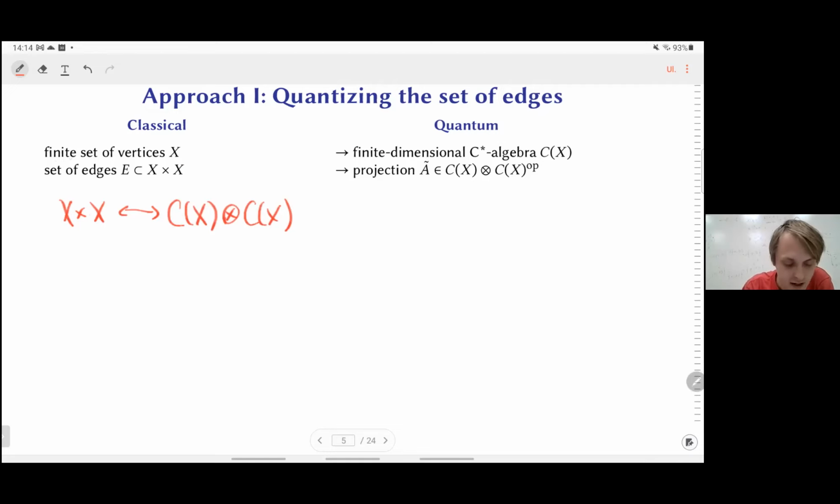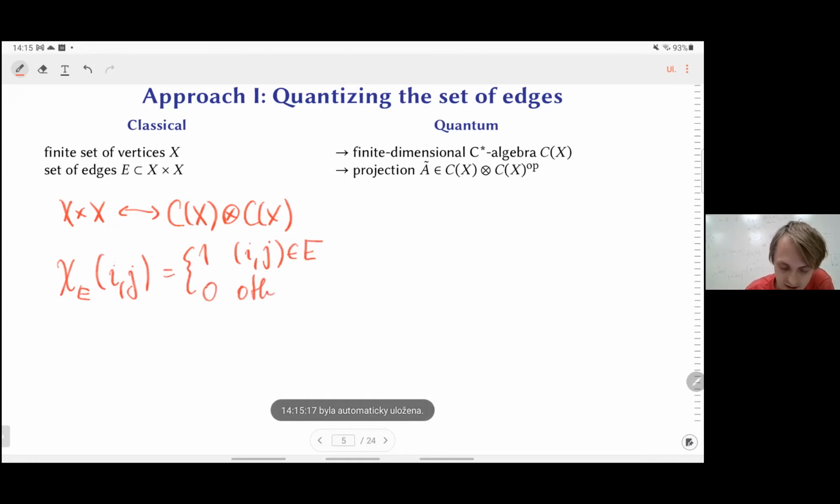Right, and now we want to describe a subset here. What we can do classically is to take the characteristic functions, right? So some function on X cross X, which is 1 if ij is an edge and 0 otherwise.